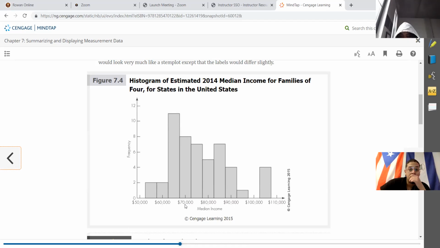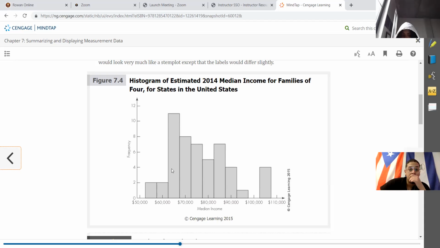Because 70,000 is in the middle of this rectangle, a little bit below 70,000 and a little bit above 70,000 is probably the range of the income for this rectangle. Sometimes the rectangle represents just one number. In the test, I'm making it easy for you: the rectangle represents one number. So let's assume in this case it represents 70,000.